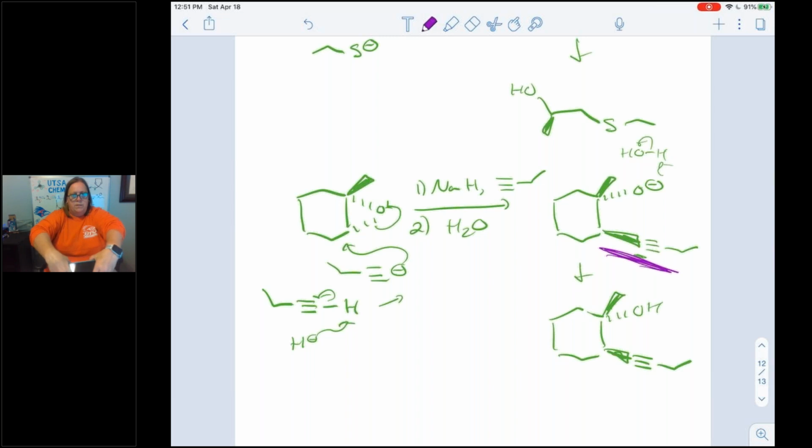And so what it's doing is it's blocking a bottom side attack in this case. And so my base has to come from the top. And so it's going to be this. So this step right here is what we call anti-addition. Okay. And so if my epoxide is on a dash, then my nucleophile is going to attack and be on a wedge. Got it. You're welcome. All right. Any more questions about this?